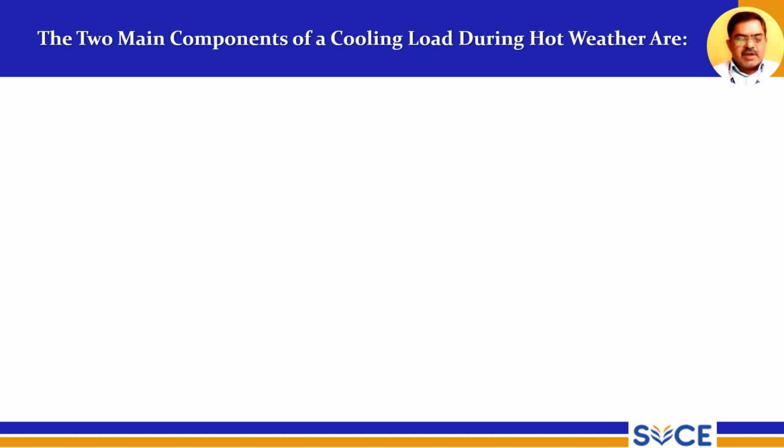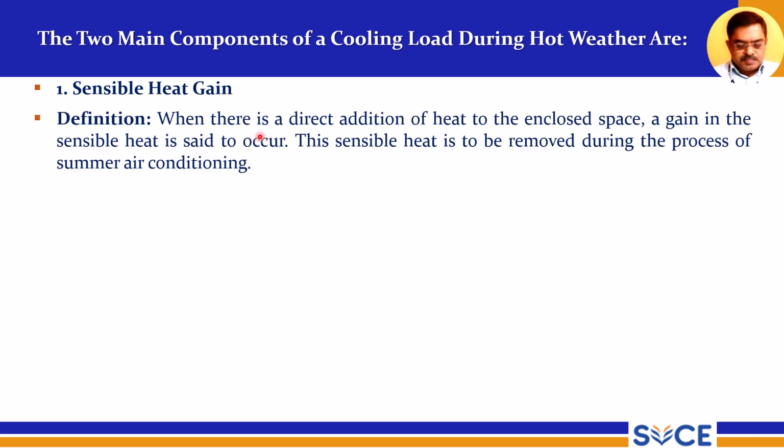The two main components of a cooling load during hot weather are sensible heat gain and latent heat gain. Before starting heat transfer through structure, let me introduce the two loads. The first one is sensible heat gain.